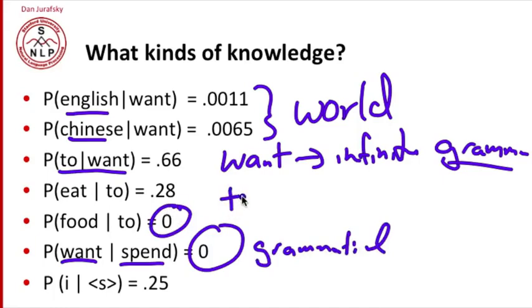Why is the probability of food following to 0? Here, this 0 is a contingent 0. You could imagine a sentence that has to food in it. I'd like you to stop and think about a sentence like that yourself. Good. It just happens that such a sentence never occurred in the training data. So this is a contingent 0, whereas that was a structural 0. All right, let's move on.